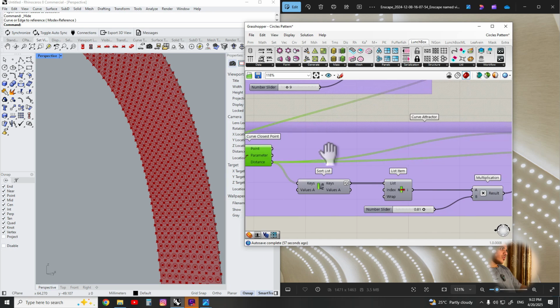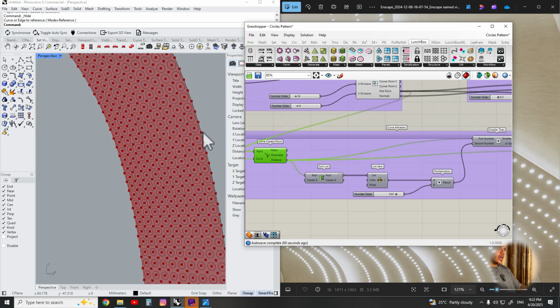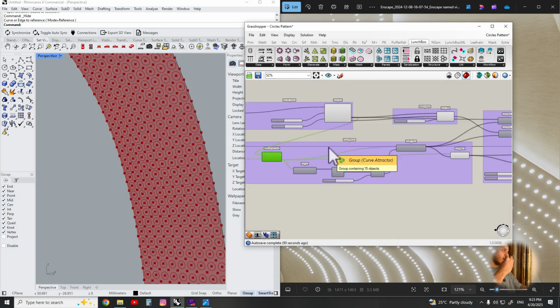This component will help you to get the closest circles or points next to the curve. For example, if you have a curve and circles over here, this component will help you get the closest points next to the curve. This will help us create circles in a parametric way.